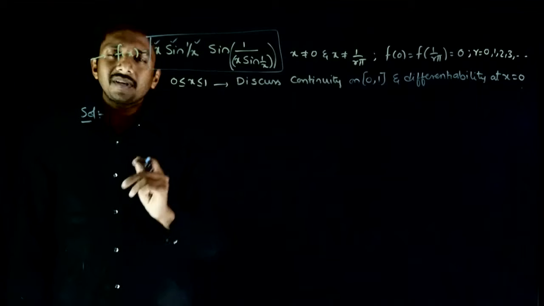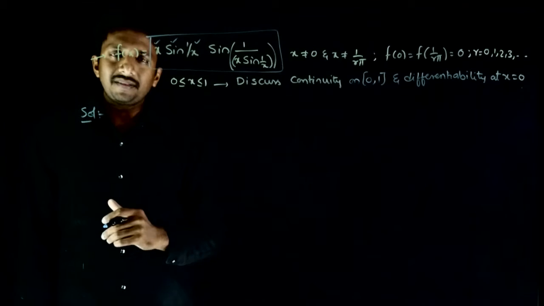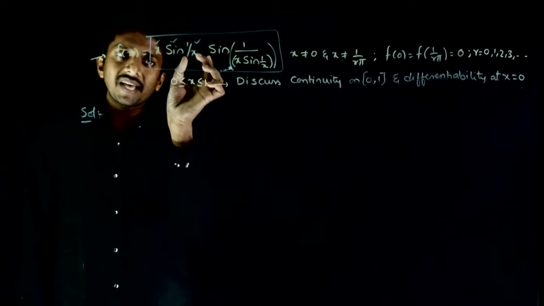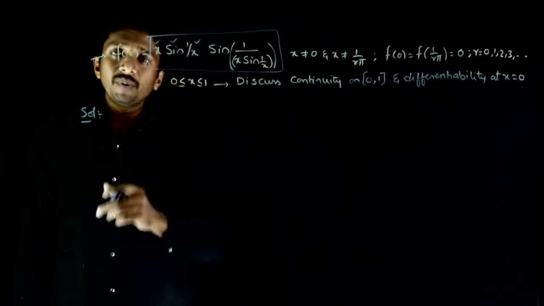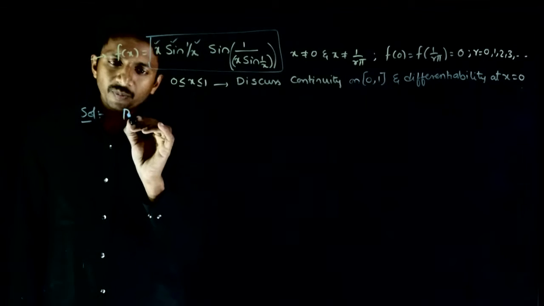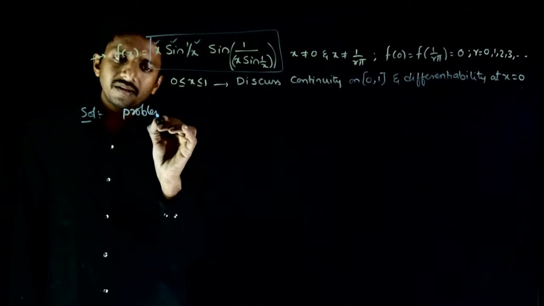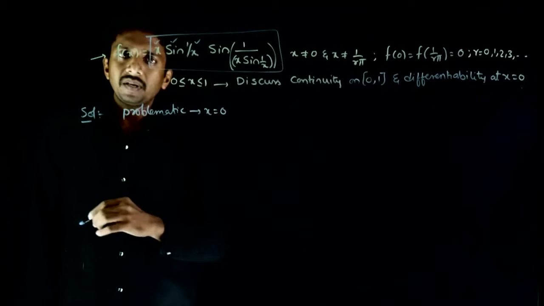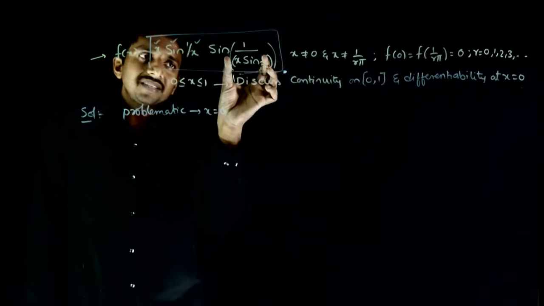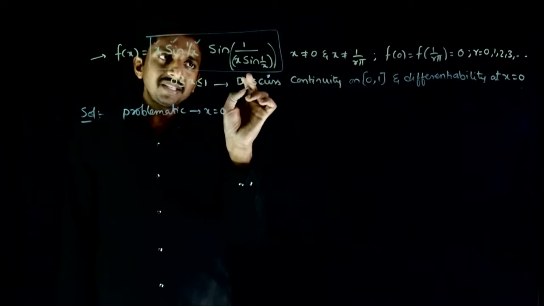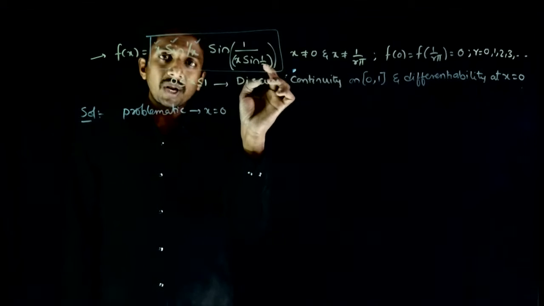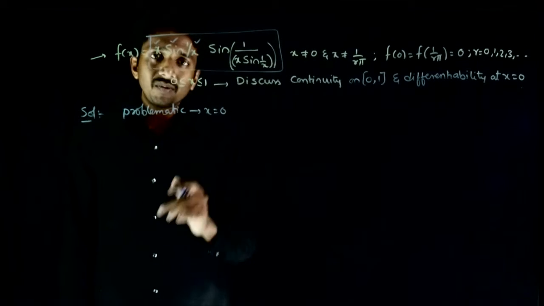So continuity का problems आया तो कहाँ आ सकते हैं? That is where the functions are not defined properly. Something like यहाँ 1 by x है, so x equal to 0 में problem आ सकते हैं. So problematic points, that is x equal to 0, or the points where this function itself is not defined, जैसा कि sin 1 by x अगर 0 है तो this function is not defined, that is 1 by x is equal to r pi, x is equal to 1 by r pi.